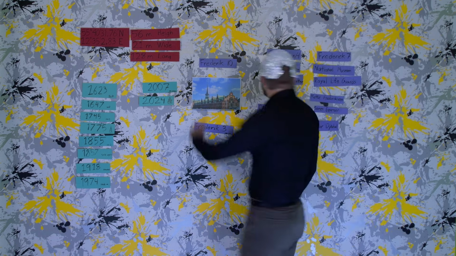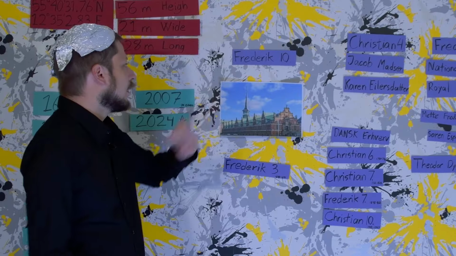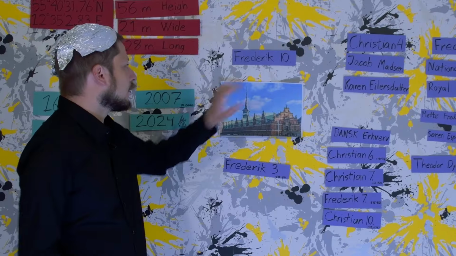With Frederik III as a bastard, the entire royal line down will be illegitimate, meaning that the current king would not be heir to the Danish throne and thereby would have to give it up to whoever is Christian IV's rightful heir.